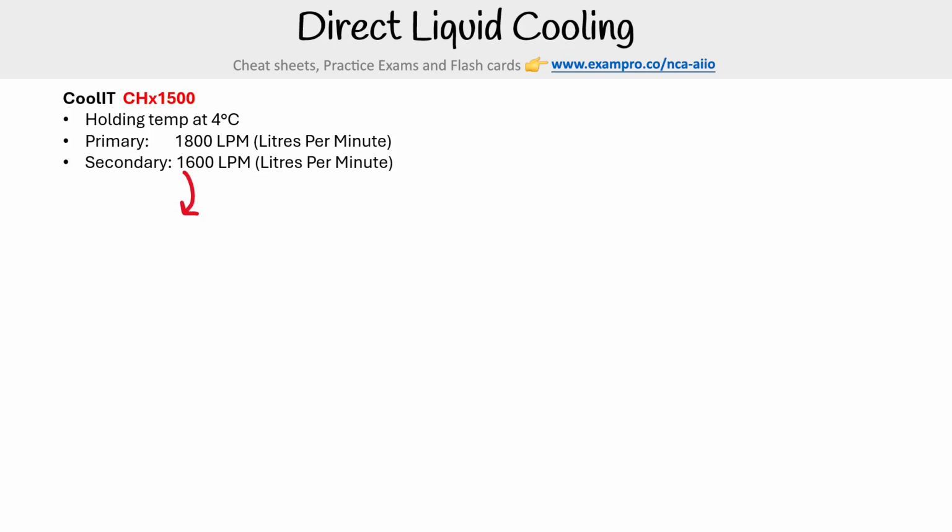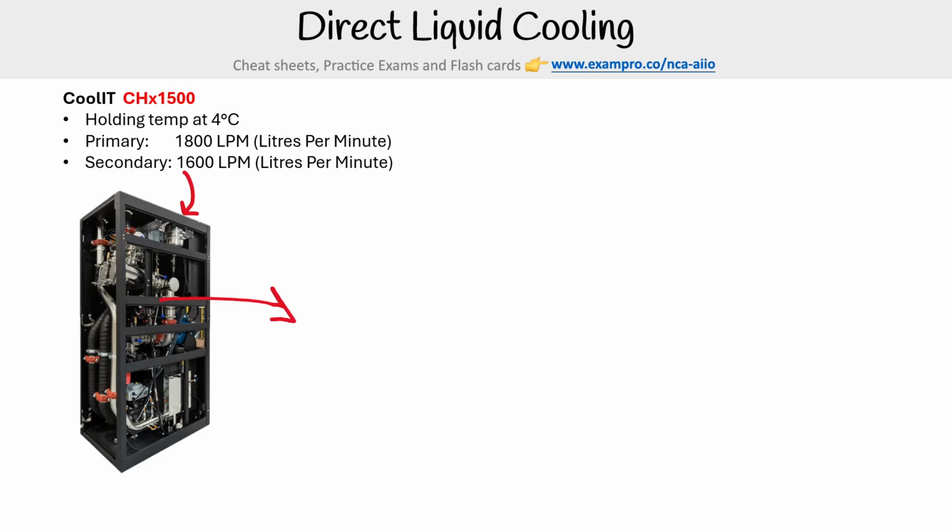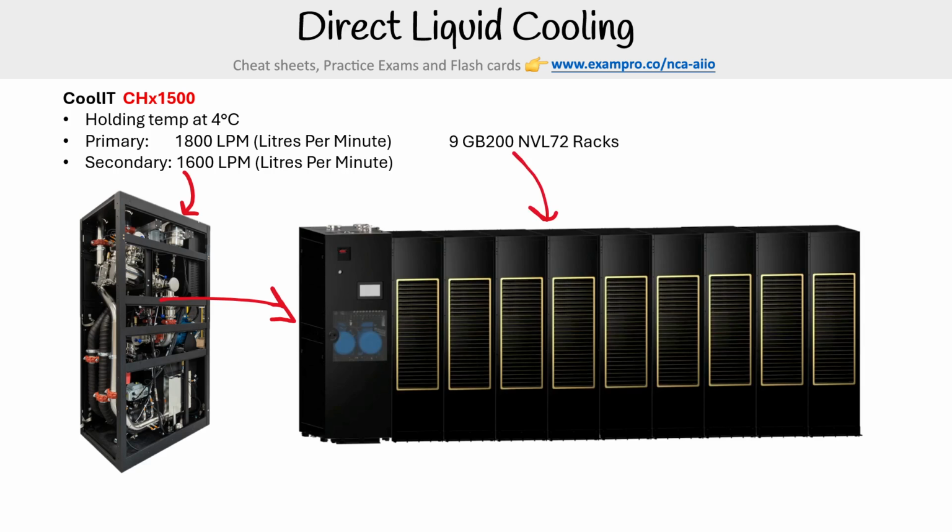All right, so let's talk about direct to chip cooling or direct liquid cooling. And you might use a piece of hardware like CoolIT, like the CH1500, and its job is to try to hold that rack or rack of servers to a temperature of 4 Celsius, where we have, if you're using this for your primary workload, 1,100 liters per minute, or secondary is less.